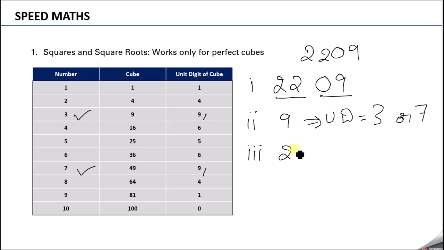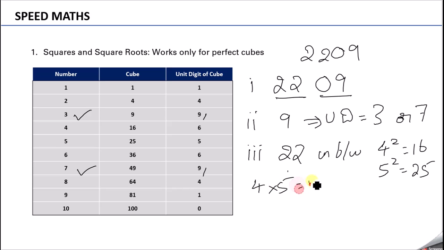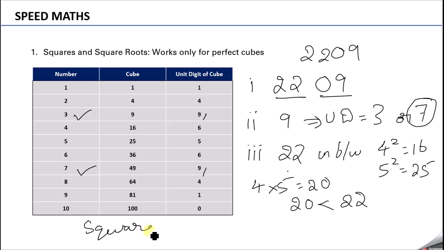Now 22 is in between which two squares? 4 square and 5 square. So now we will do 4 into 5, which is 20. In this case, 20 is less than 22, so we will take the higher one as the unit digit. Therefore, the square root of 2209 is equal to 47.